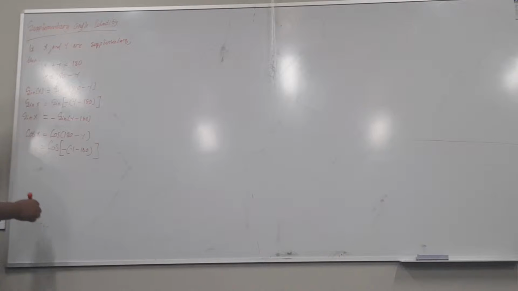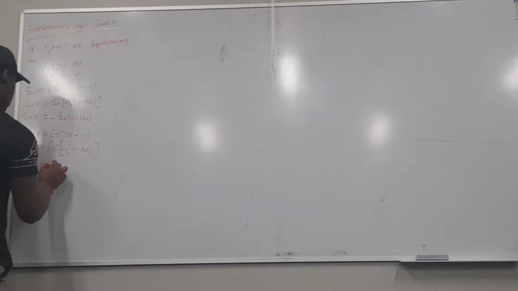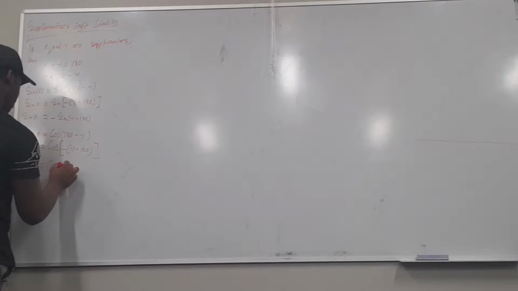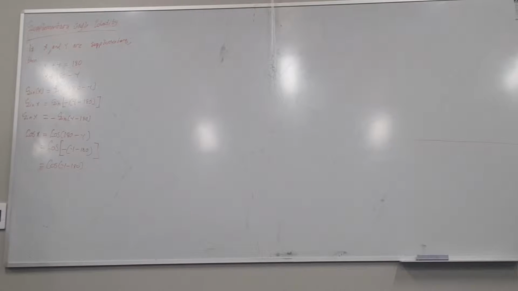So this is true. And we know cosine is an even function, so this is equal to cosine y minus 180, in which case it's going to be a negative number.